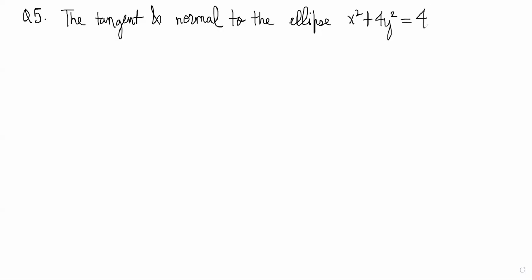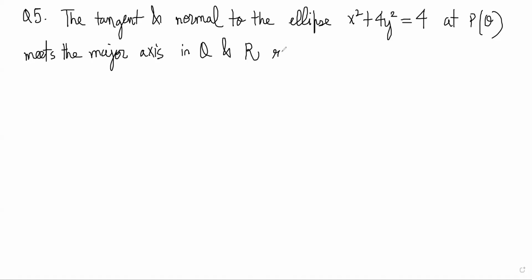The tangent and normal to the ellipse x square plus 4y square equals 4 at point P theta meets the major axis in Q and R respectively.